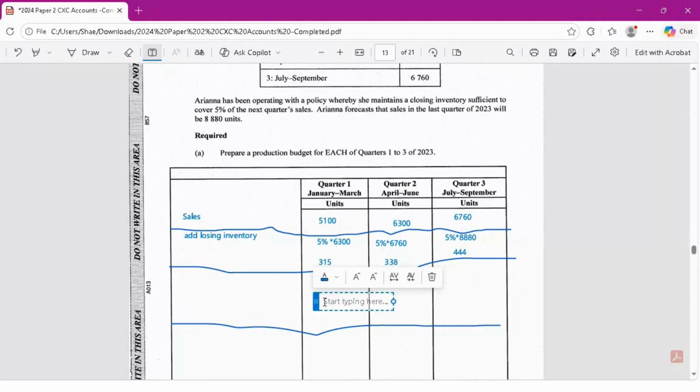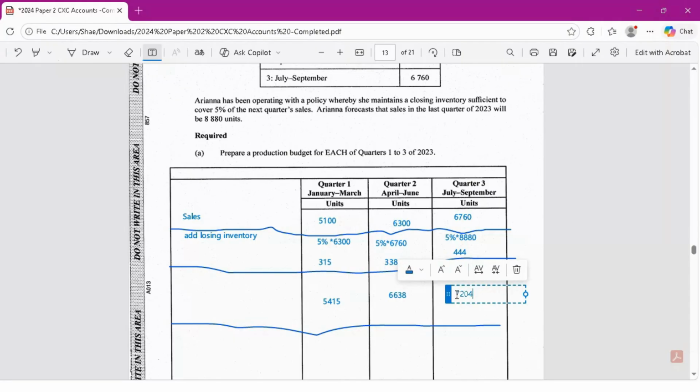So 5,100 plus 315 will give us 5,415. 6,300 plus 338 will give us 6,638. And 6,760 plus 444 is going to give us 7,204.